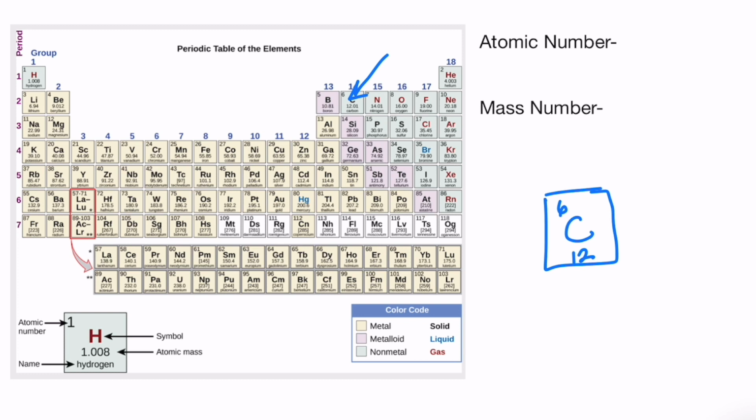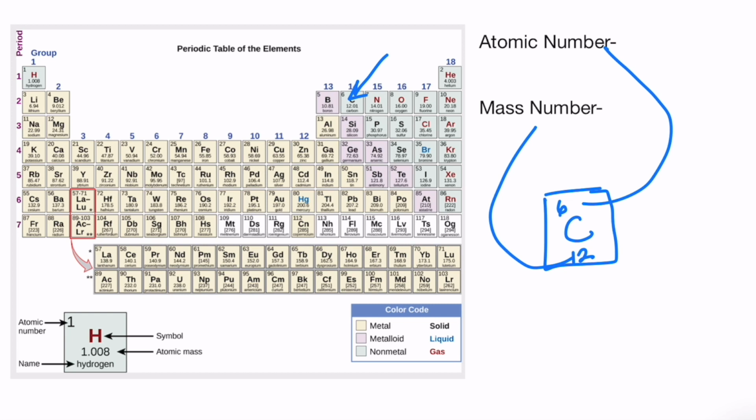The smaller of the two numbers is the atomic number, and the larger of the two numbers is the mass number. It's always that way. Some periodic tables will have the atomic number on the top, like this one does, and some will have the atomic number on the bottom. Regardless, the smaller number is the atomic number.